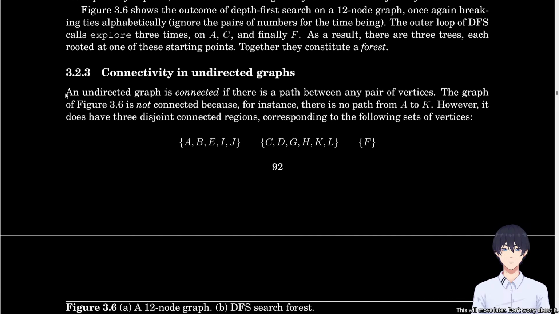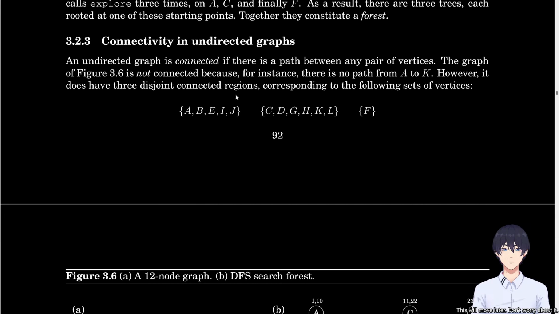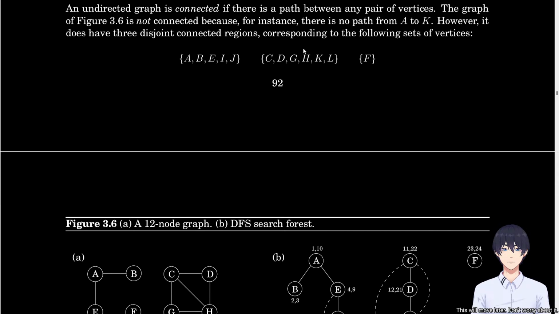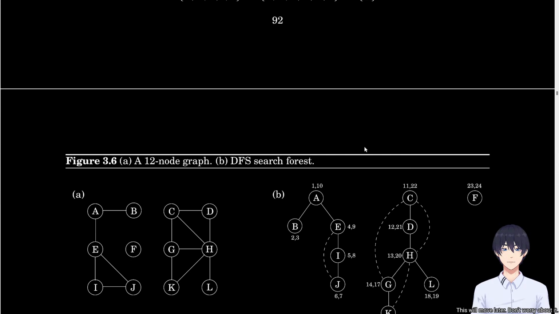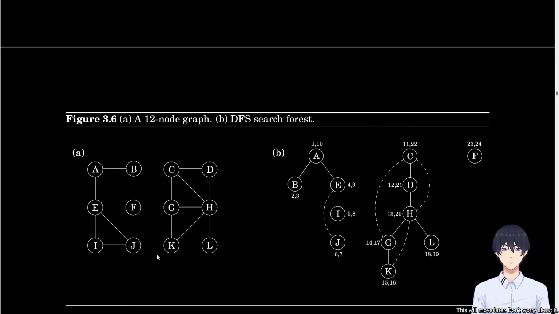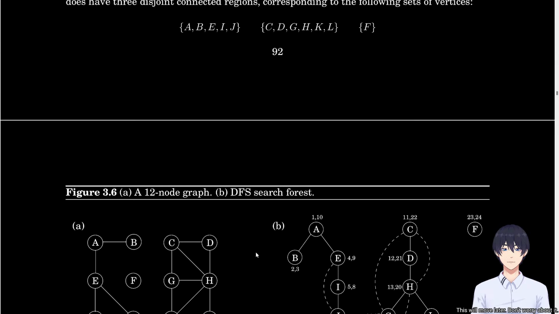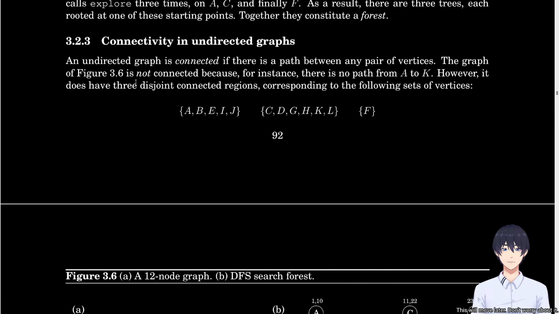Connectivity in undirected graphs. An undirected graph is connected if there's a path between any pair of vertices. The graph of figure 3.6 is not connected because, for instance, there is no path from A to K. It does have 3 disjoint connected regions corresponding to the following sets of vertices.